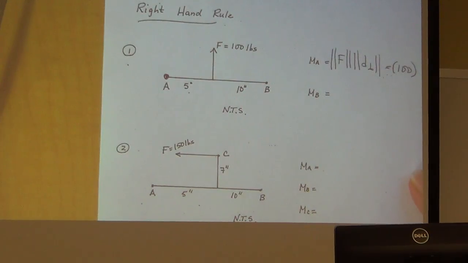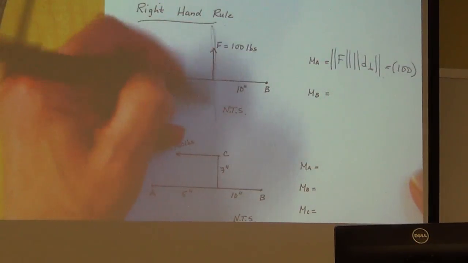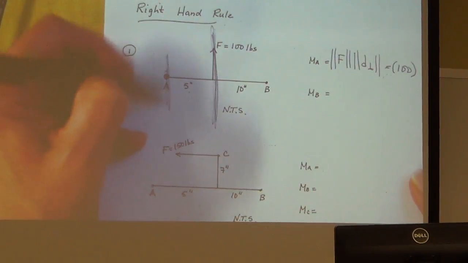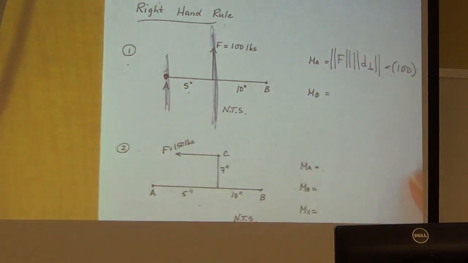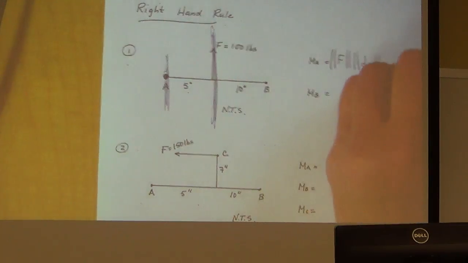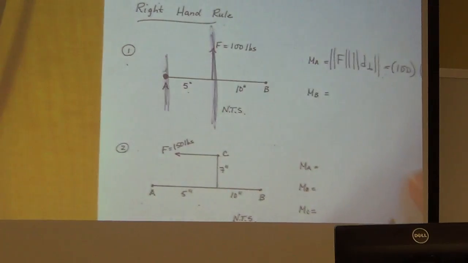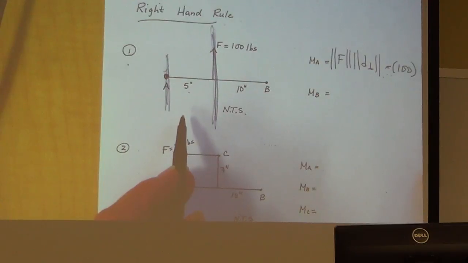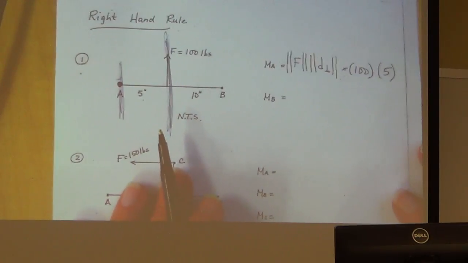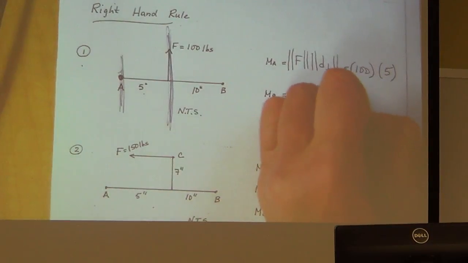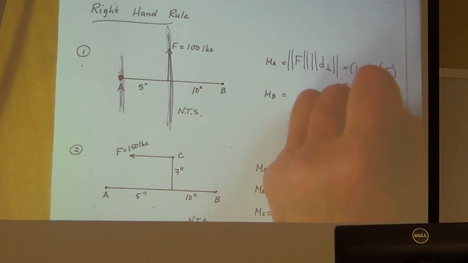Here's the force, here's point A. What's the perpendicular distance between the two? 5. What do the units turn out to be? Inches. Inch pound. So it comes out to be 500 inch pounds.